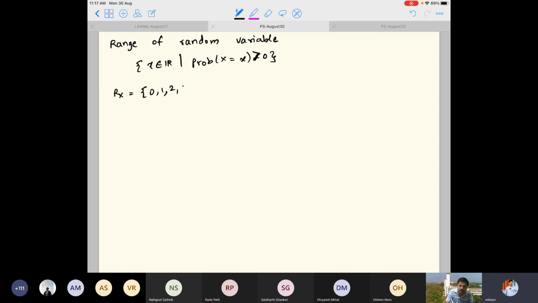So the range is 0, 1, 2, 3. I will modify this definition slightly a little later, and we will see what it means. So the random variable X has this range in the previous example, right?